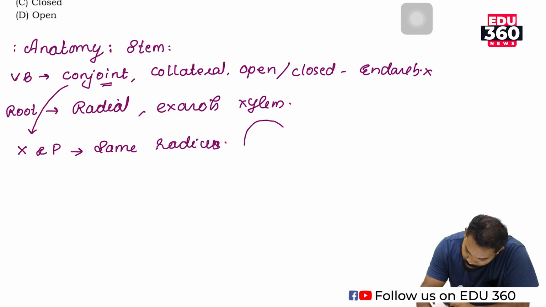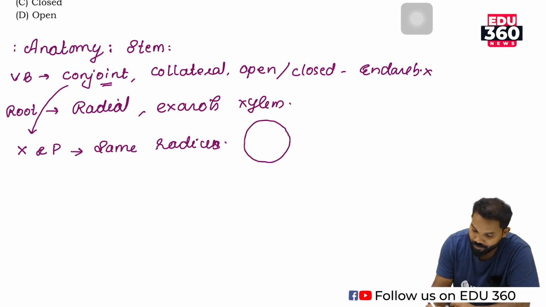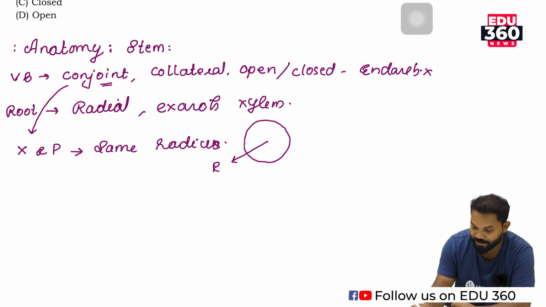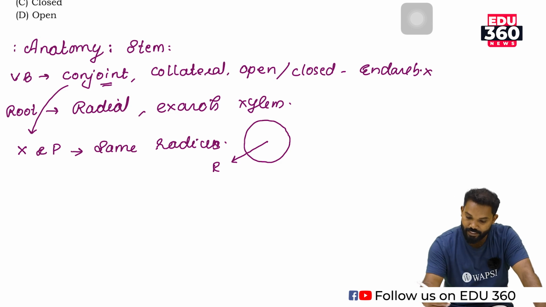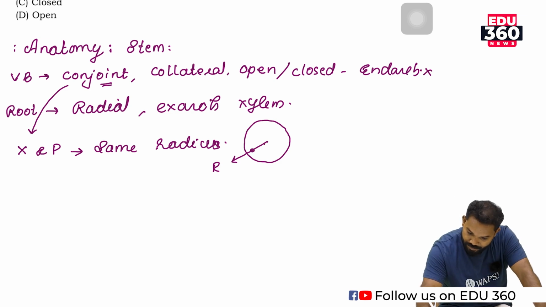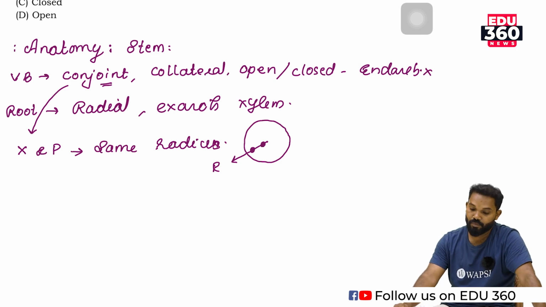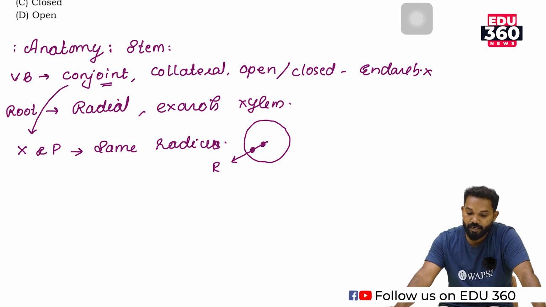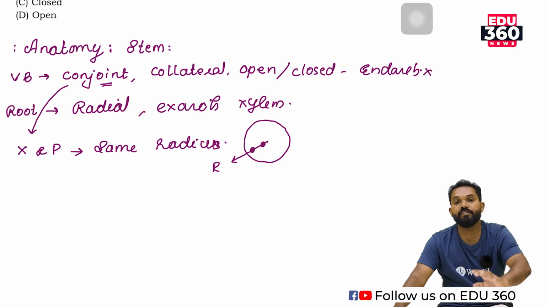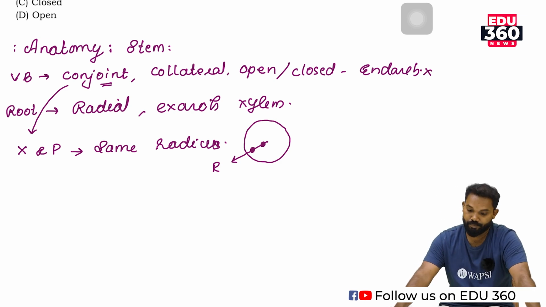In this circle, a line from the center to the periphery is known as a radius. If xylem is present on a radius, there should be phloem also. So xylem and phloem arranged in the same radius is known as a conjoined vascular bundle. That is particularly seen in the stem.